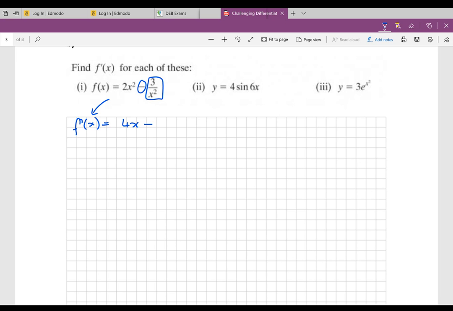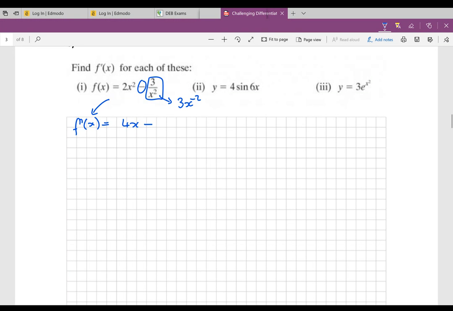Minus. This term here needs to be rewritten as 3x to the power of minus 2. It's not a quotient rule because I don't have variables on the top and the bottom. It's only a quotient rule if I have variables on the top and variables on the bottom. I can write this as 3x to the power of minus 2, which means that I don't need to use the quotient rule.